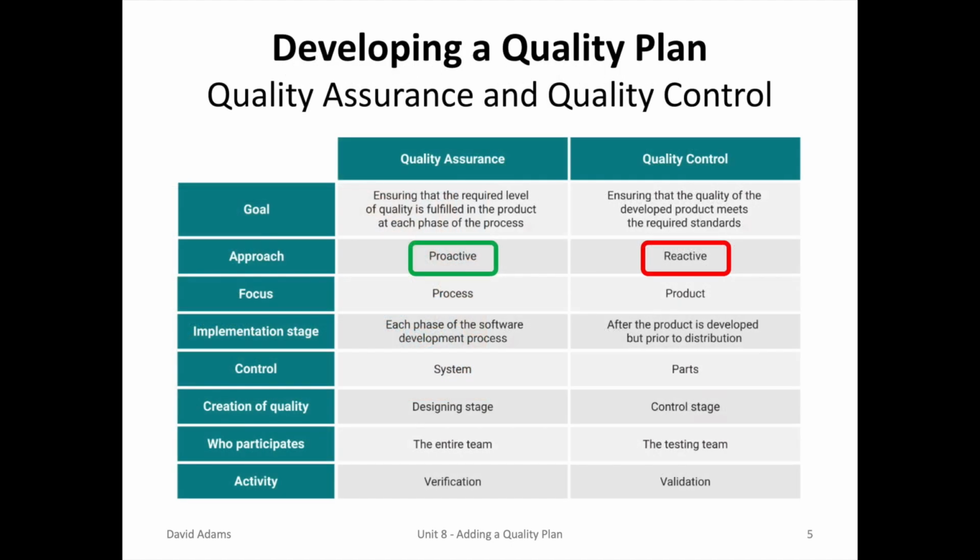Let's start with the first 2 components, quality assurance and quality control. In a very simplistic explanation, quality assurance is the proactive approach where quality control is the reactive approach.